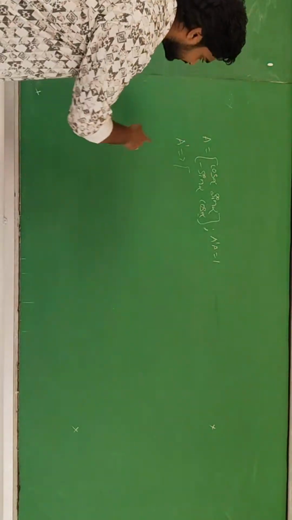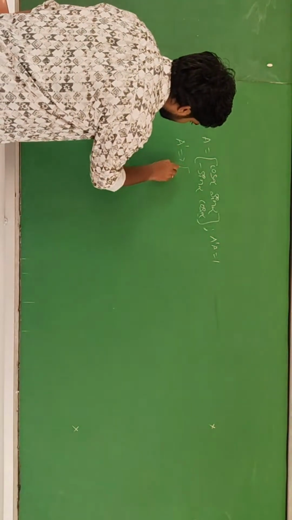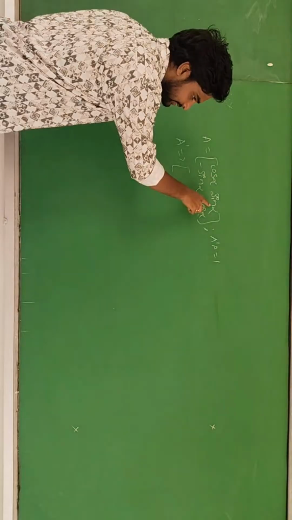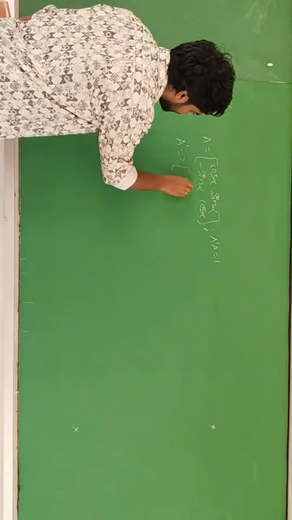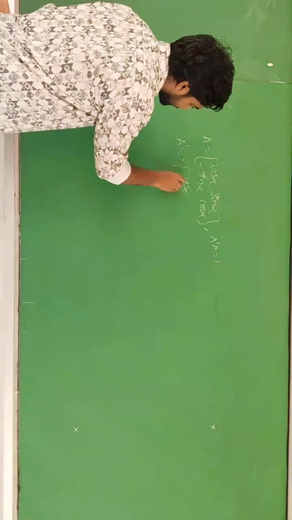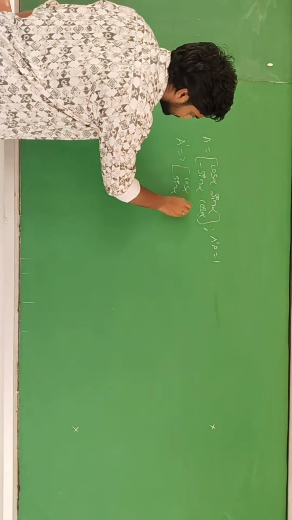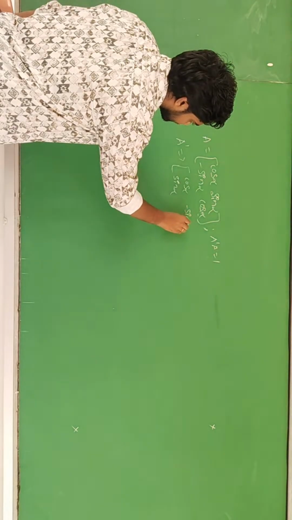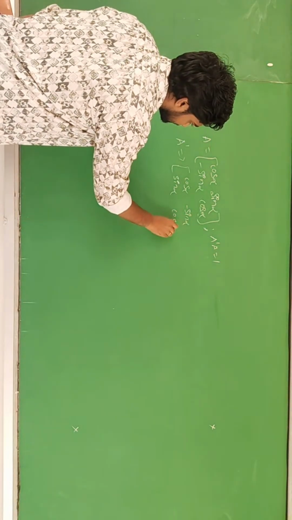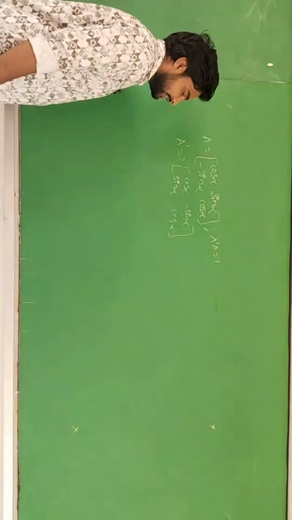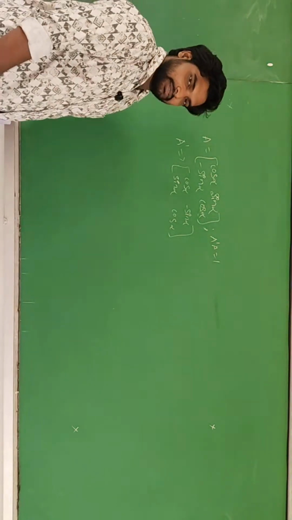So A dash is equal to: the column is interchanged into a row, so cos alpha, sin alpha, and the row becomes the column, sin alpha, cos alpha. So this is the A transpose matrix here clearly.